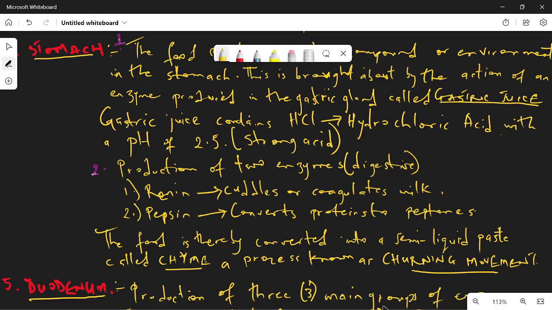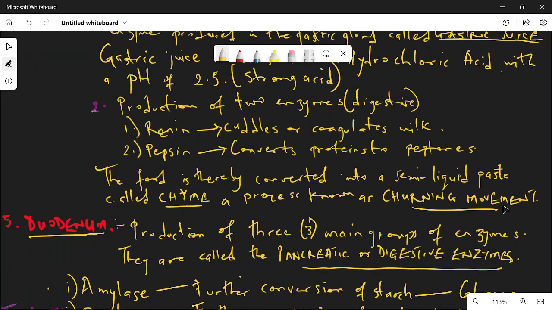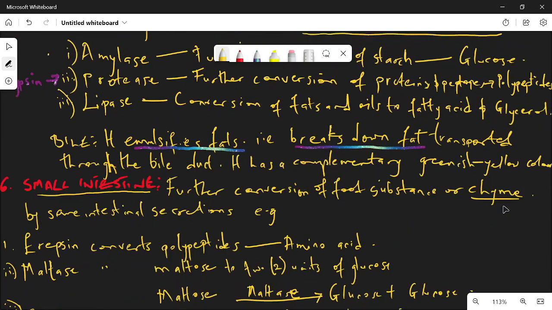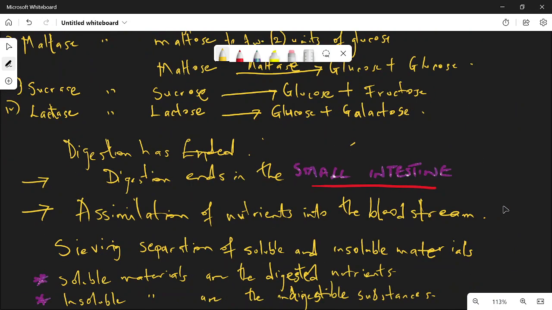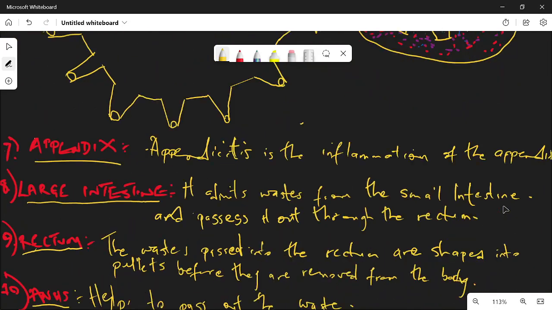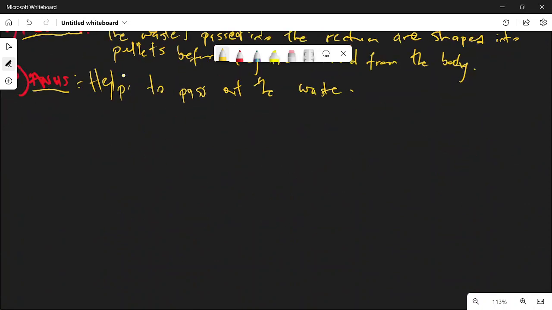Yes, sir. All right. So before we go, let me quickly talk about the storage forms of food samples, majorly the three that we've been talking about. The three food samples, what are their storage forms?